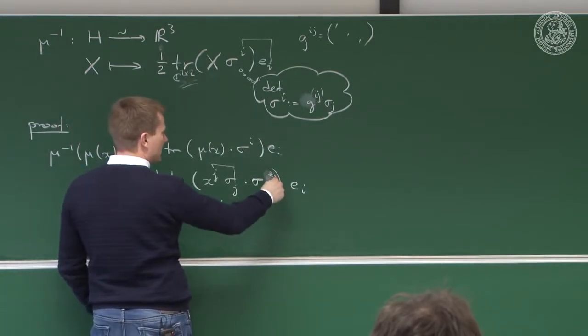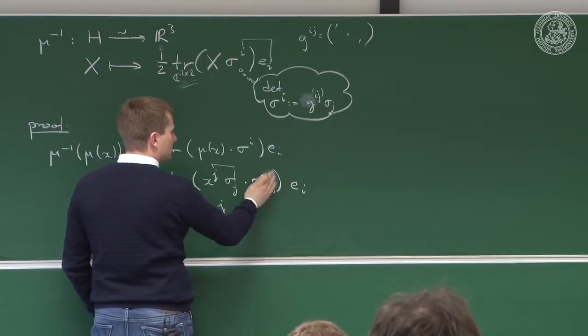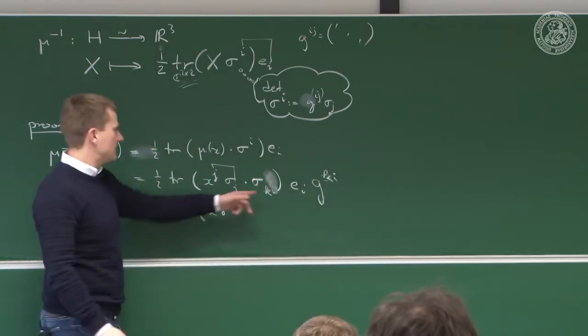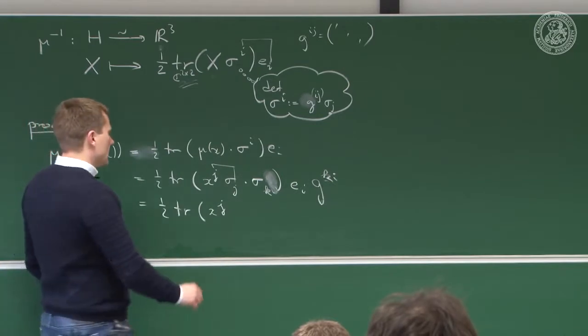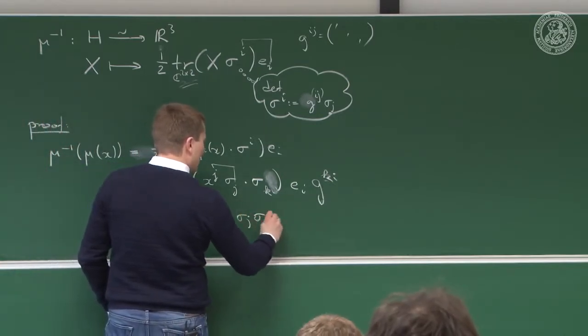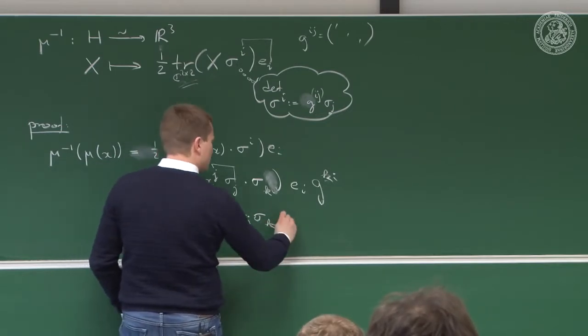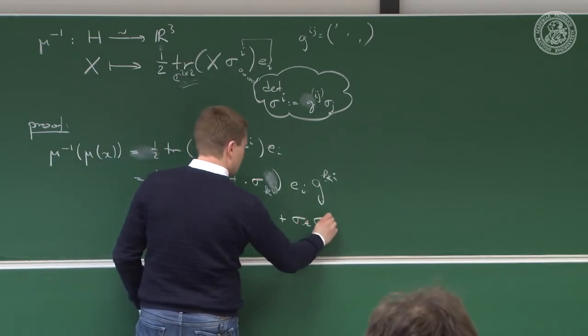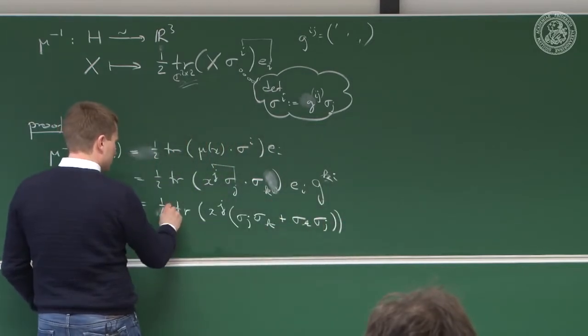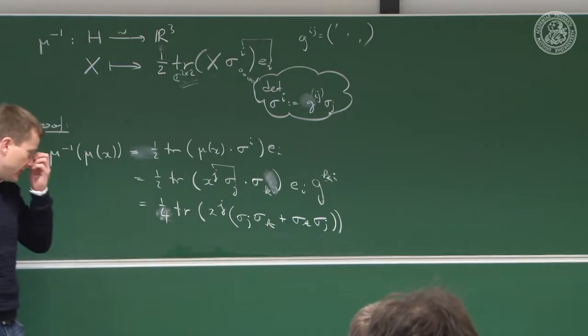These are just, for every ki, a real factor, so I can pull it out. And then I have sigma j, sigma k here, and then I can write this as sigma j, sigma k, and because of the cyclicity of the trace, plus sigma k, sigma j, but I doubled the trace in this case, so I have to have another compensating factor of 1/2.